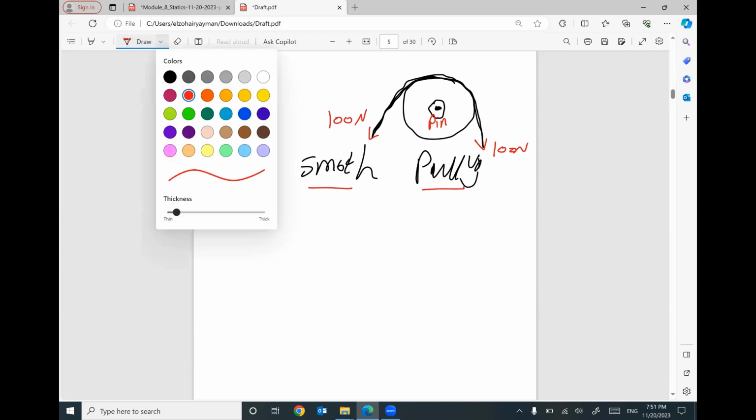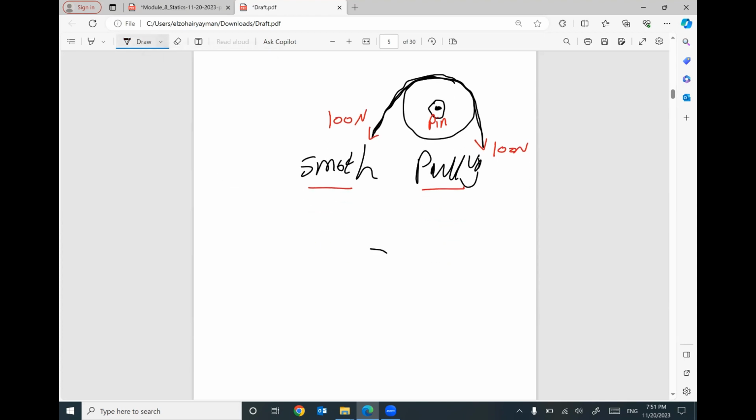But right now, I'm talking about something different. I'm talking about a circular surface, and this circular surface cannot rotate. And we have the same situation. We have a cable over this surface.